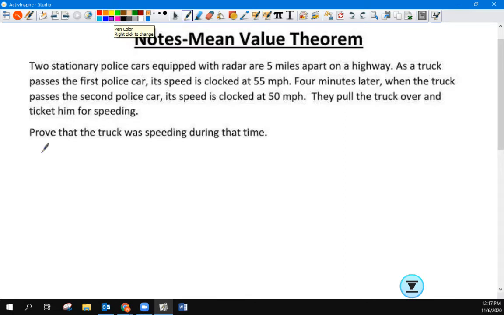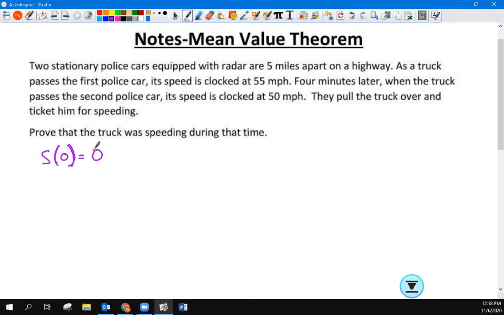So we'll agree that the position at time 0 is when it passes the first police officer. So when he clocks him at time equals 0, his position is 0.